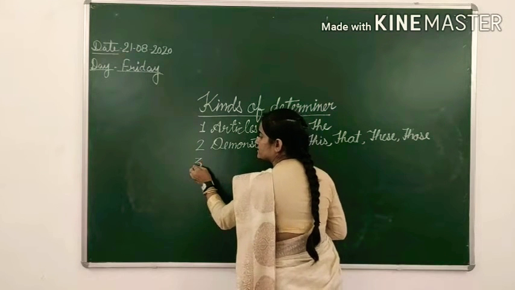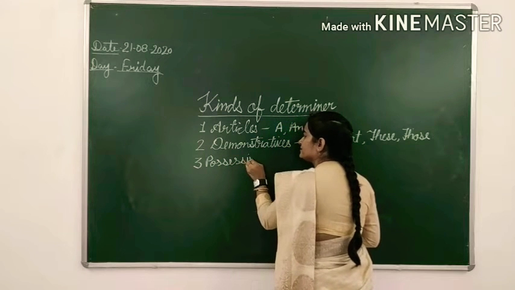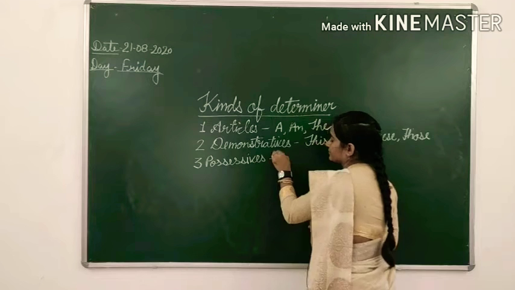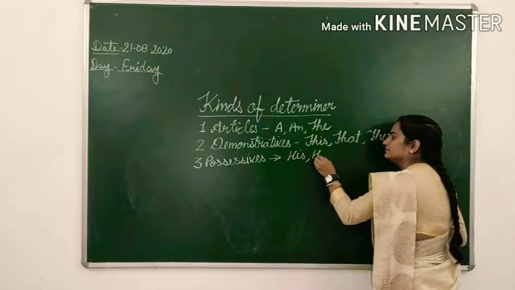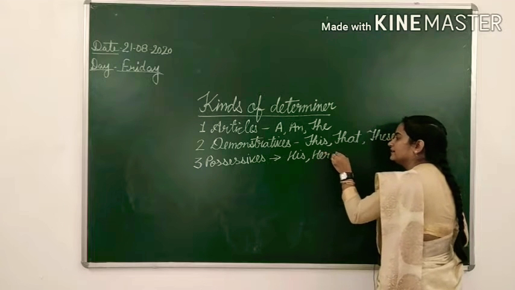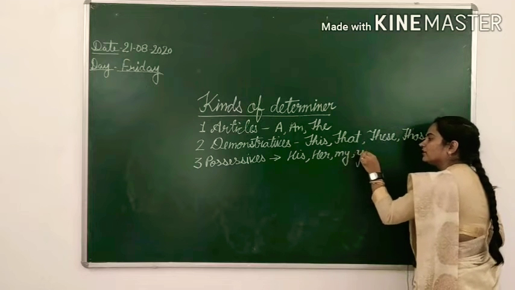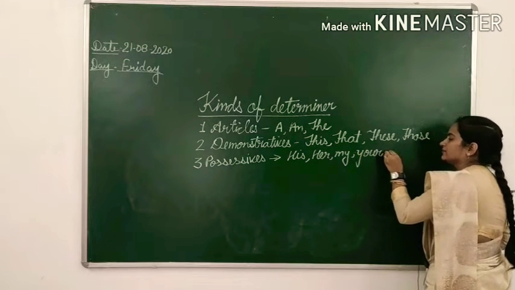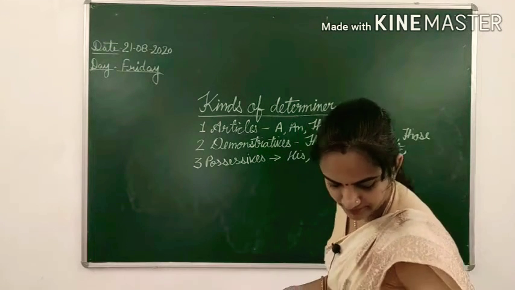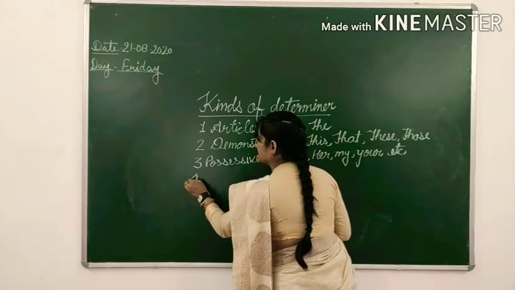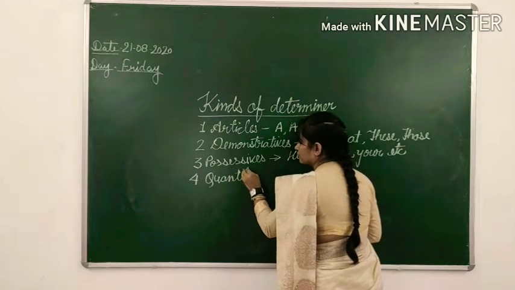Third one is possessive. Possessives: his, her, my, yours, etc. Now fourth one is quantifiers.